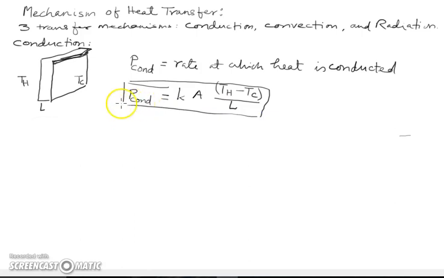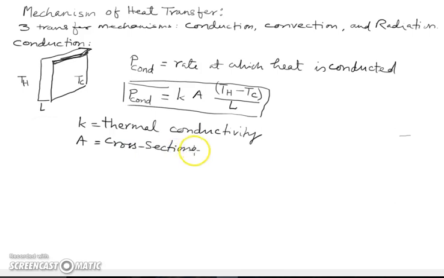K is called thermal conductivity. A is the cross-sectional area of the slab, and L is the thickness.